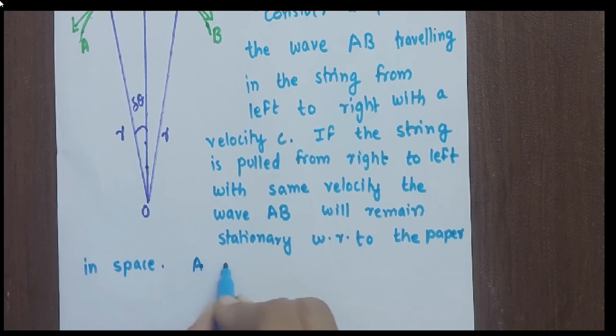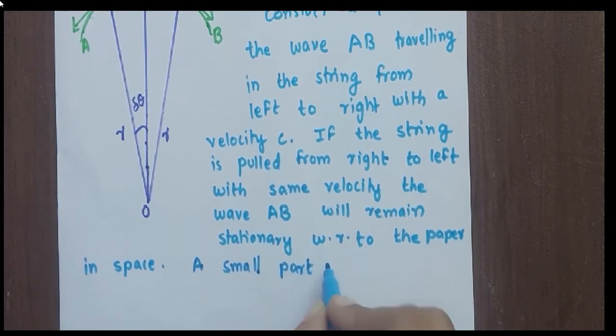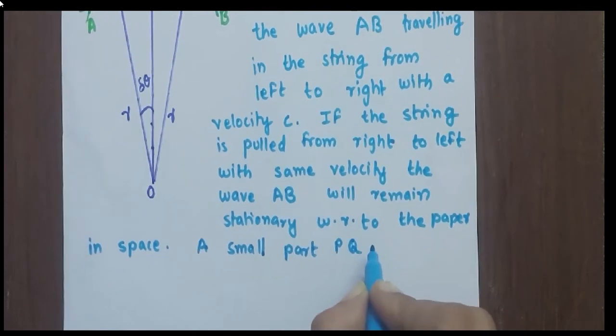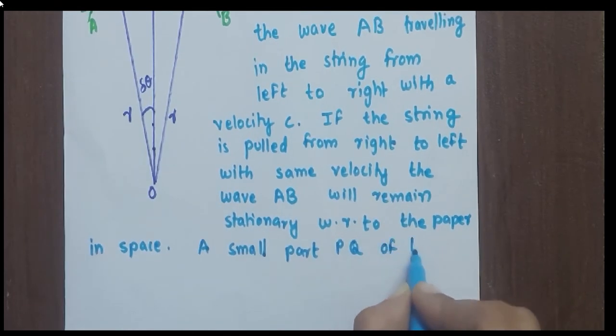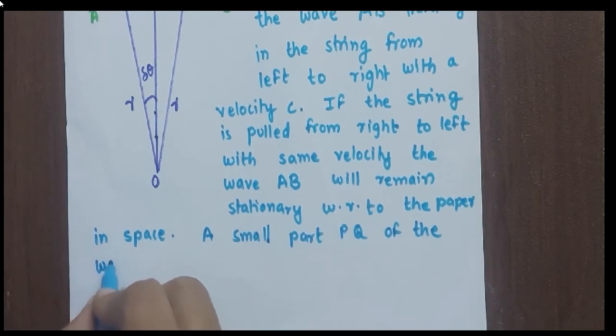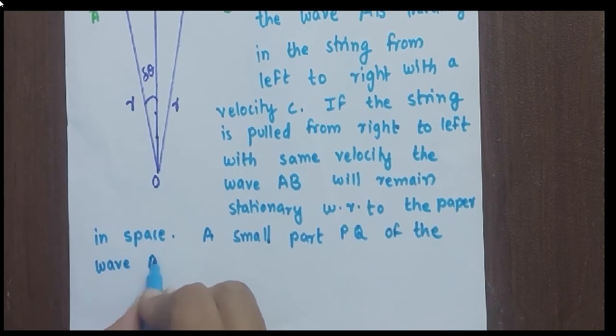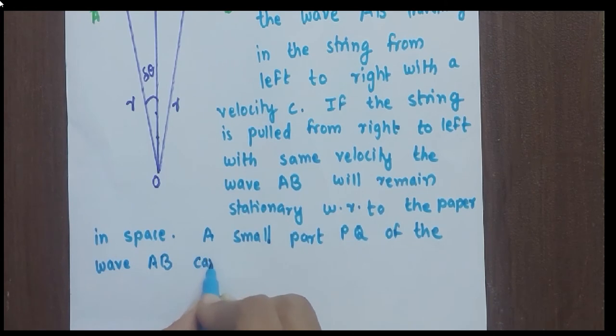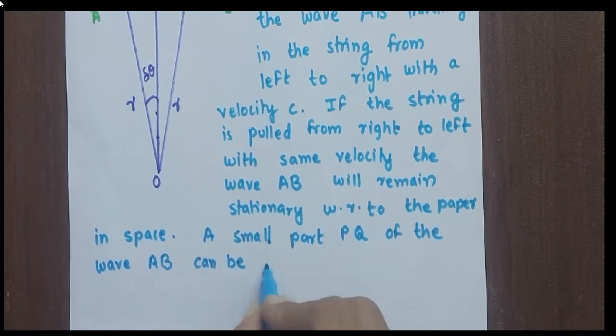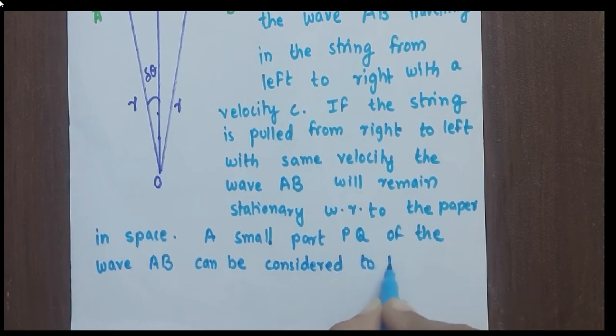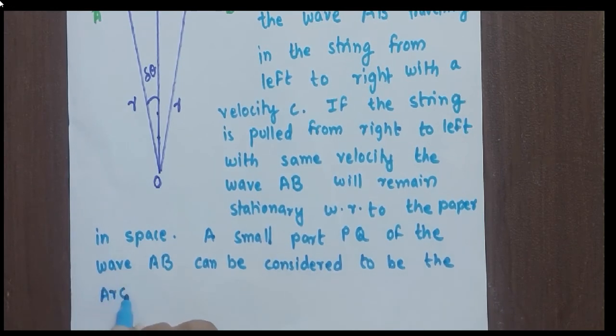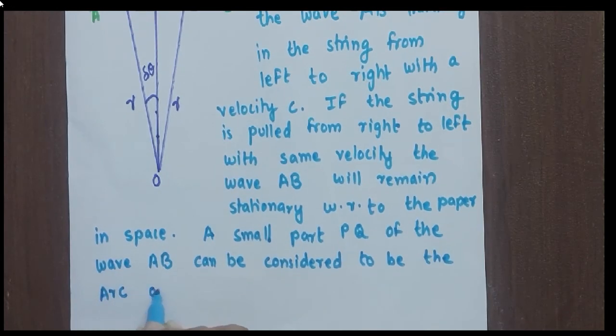A small part PQ of the wave AB can be considered to be the arc of a circle.